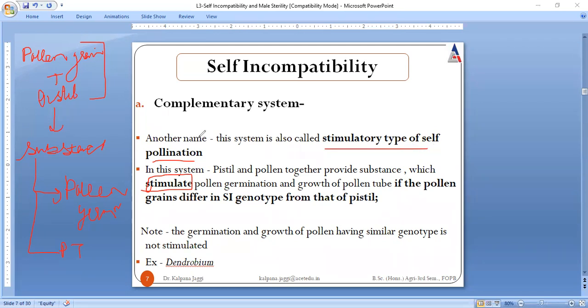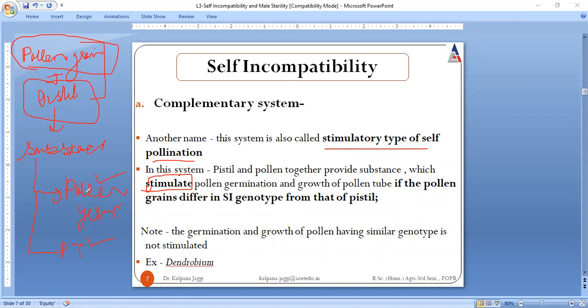But now a very important thing: this pollen germination and growth of the pollen tube will only take place if these pollen grains differ from the pistil. Very important.